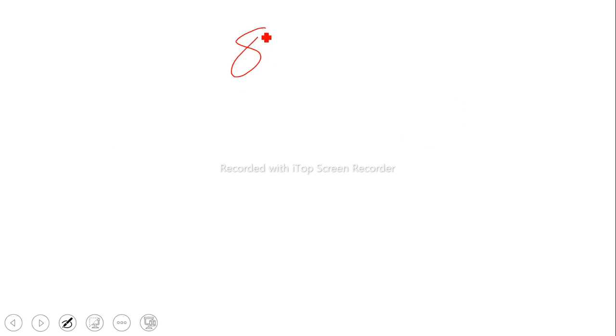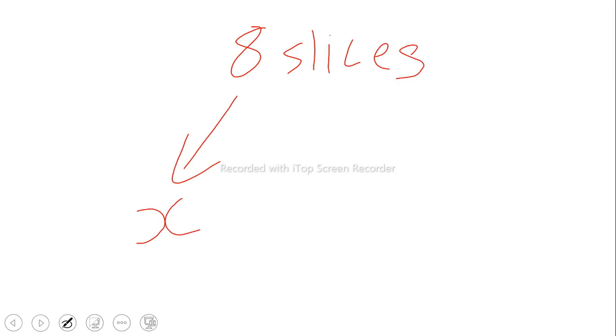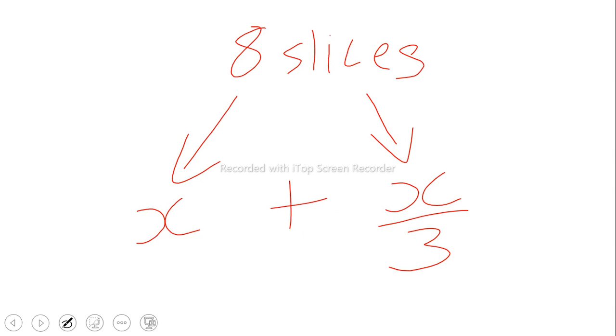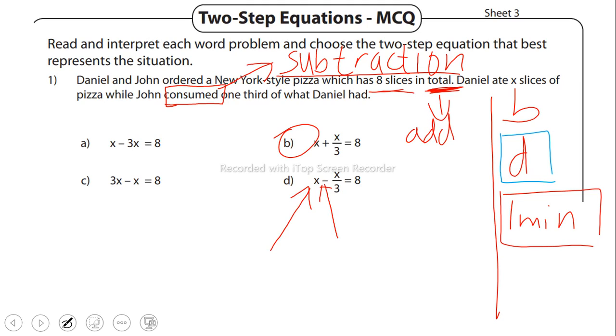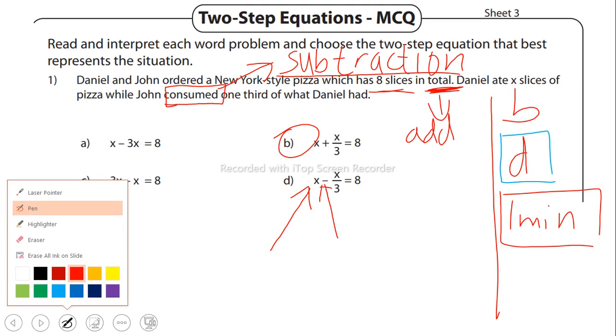The 8 slices is going to be a combination of what Daniel had, X, and what John had. He had 1/3 of what Daniel had, X over 3. So we can't subtract them. We have to add them. Yes, finally.